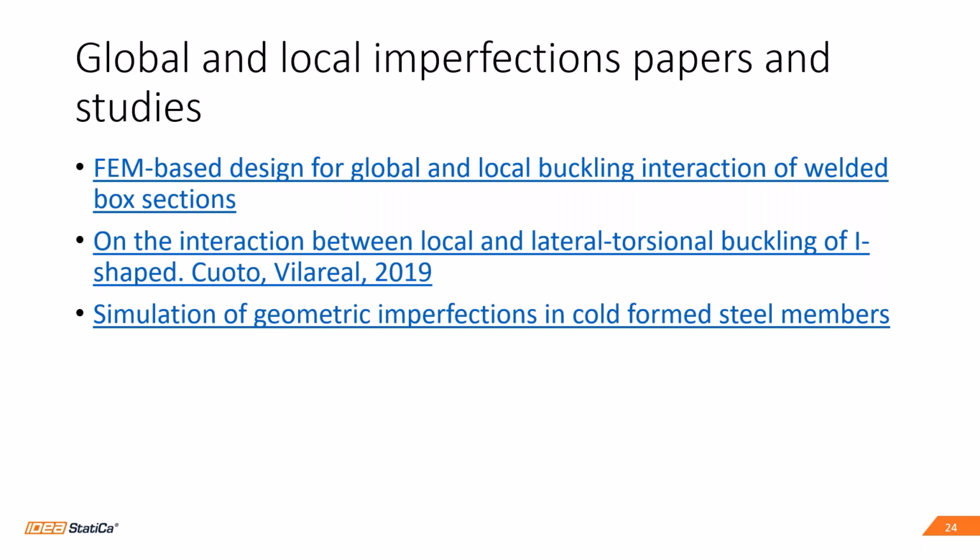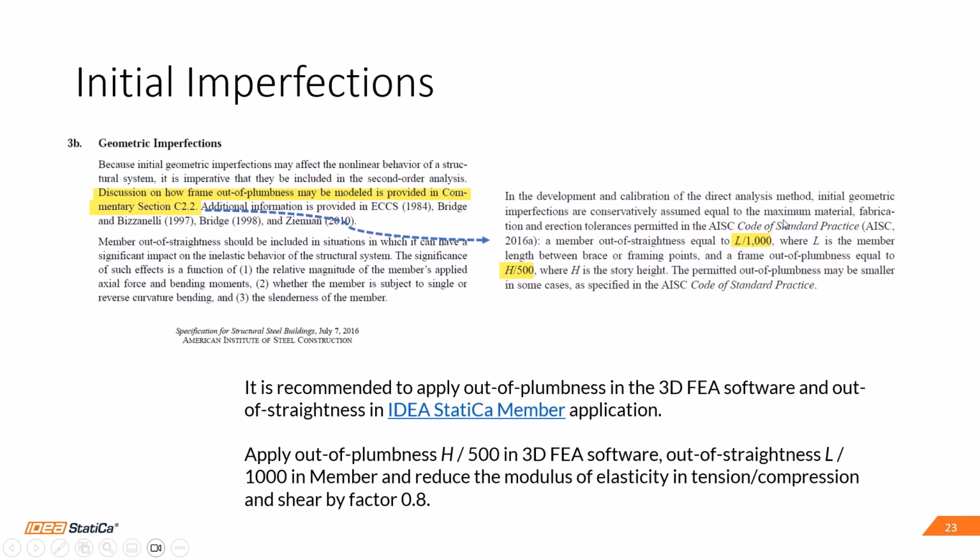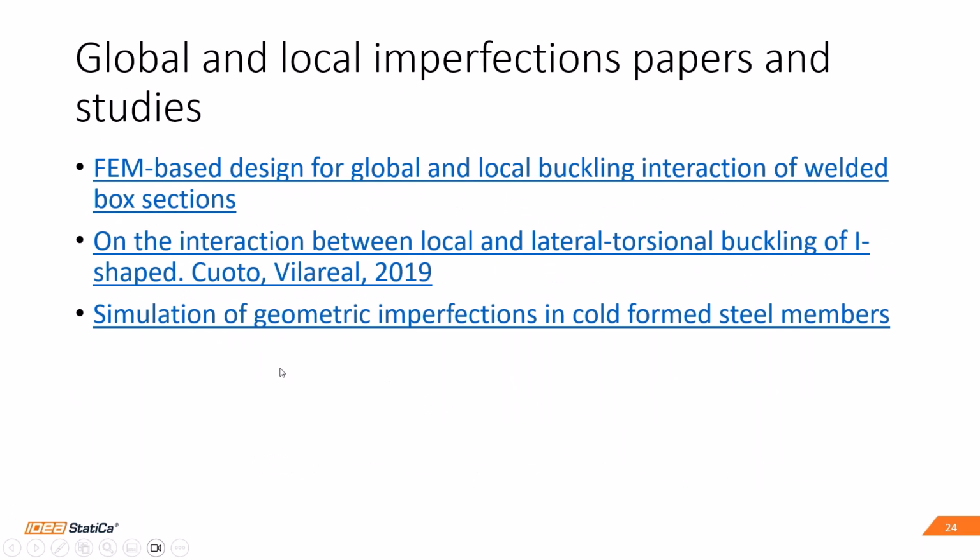I recommend that you read about that, because in the AISC code we have recommendations like this, but they are not very specific, right? So I recommend reading how to input those geometrical imperfections, for instance, for cold-formed steel members. That can help guide you to know what to input into the geometrical imperfections in IDEA Member.